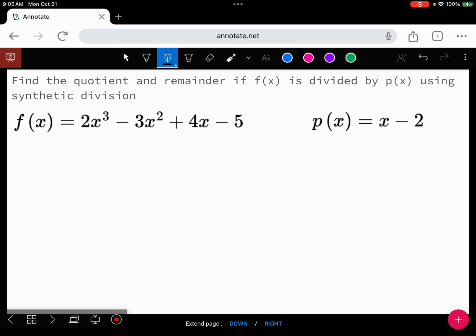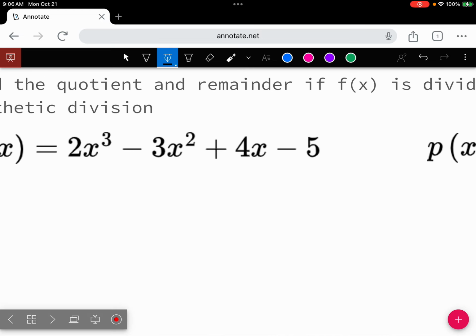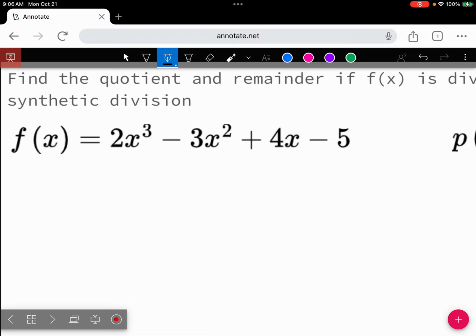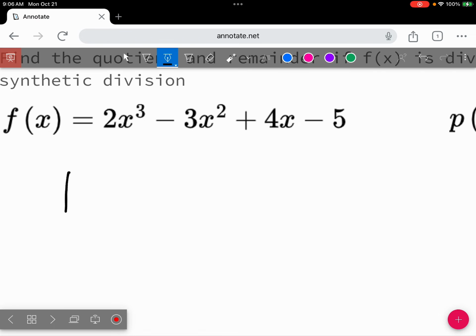So my f of x, we've got 2x cubed minus 3x squared plus 4x minus 5. So we're going to set up our synthetic.